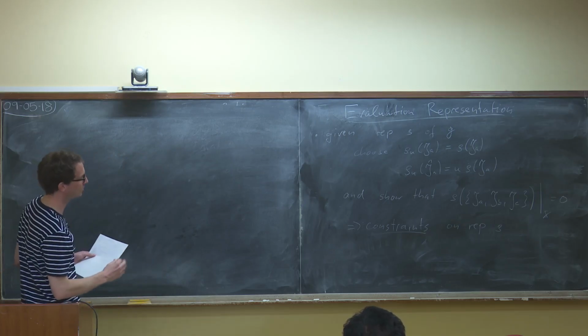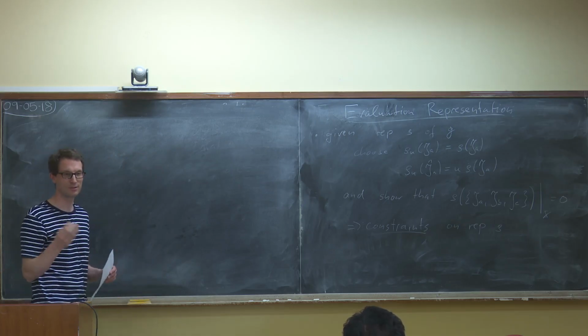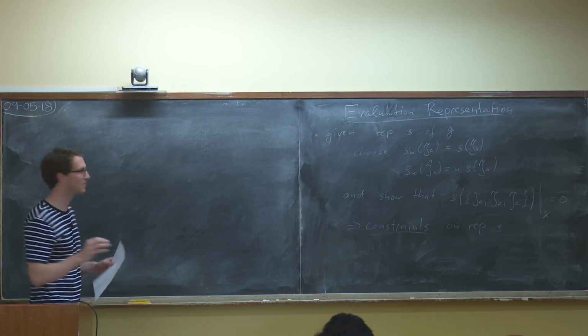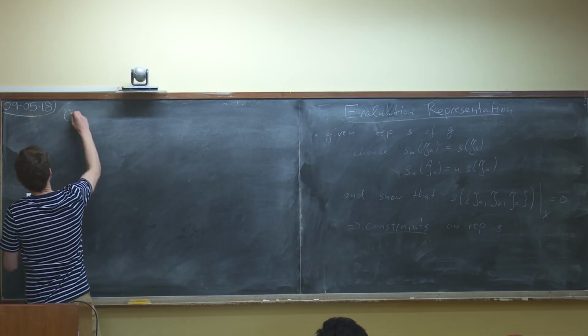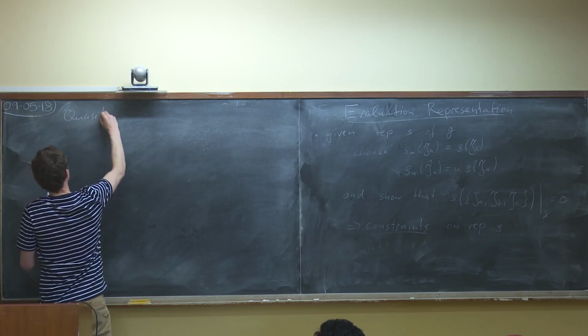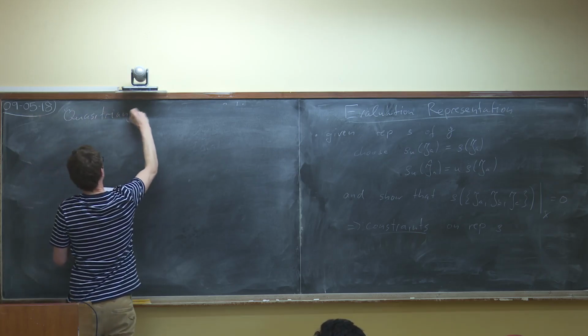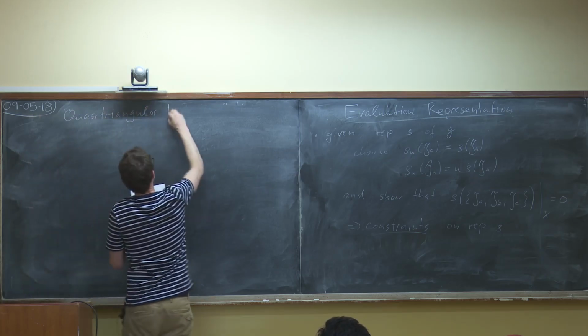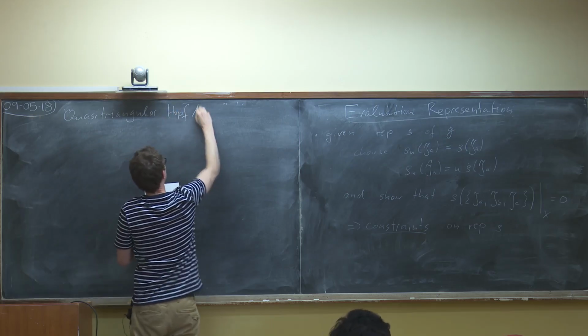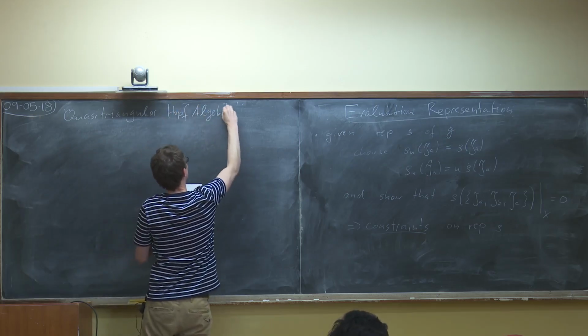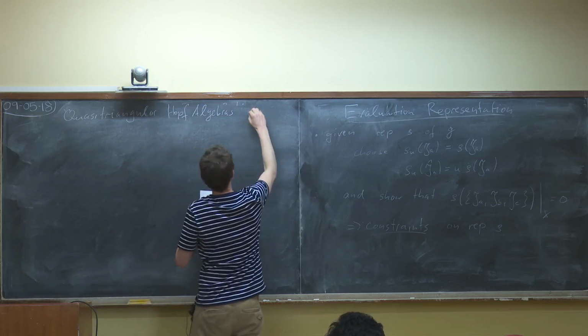Some more general comments, because in the context of the Yangian this is a bit subtle, so let me say something on quasi-triangular Hopf algebras.